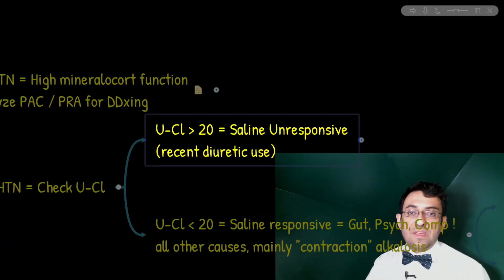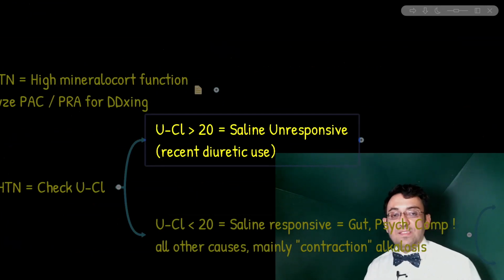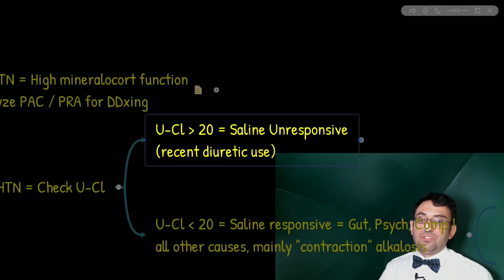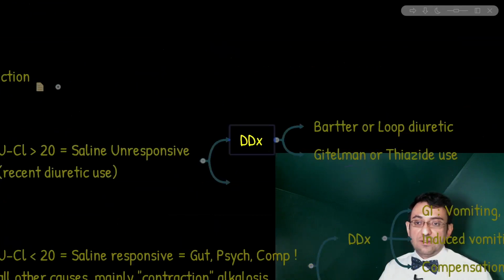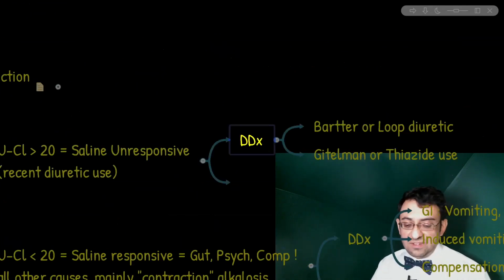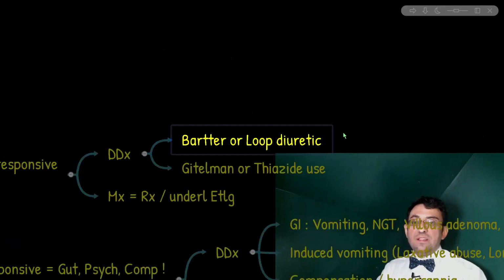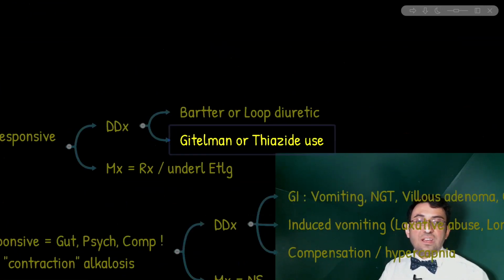Now, if a patient without hypertension has metabolic alkalosis, and therefore you check the urine chloride and figure out that urine chloride is increased or more than 20, what are the differential diagnoses? This is a very straightforward group of differential diagnoses, and that is either recent use of diuretics or two equivalent syndromes. That's Bartter, which is the equivalent of loop diuretic use, and Gitelman, which is the equivalent of thiazide diuretic use.